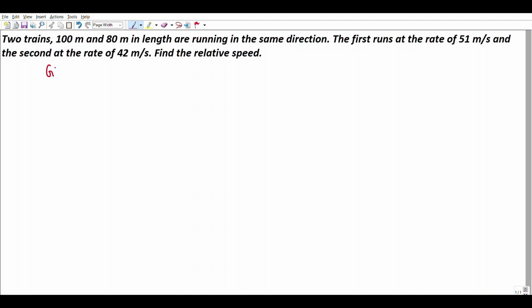So from the question we can see that speed of train 1 is equal to 51 meters per second and speed of train 2 is equal to 42 meters per second.